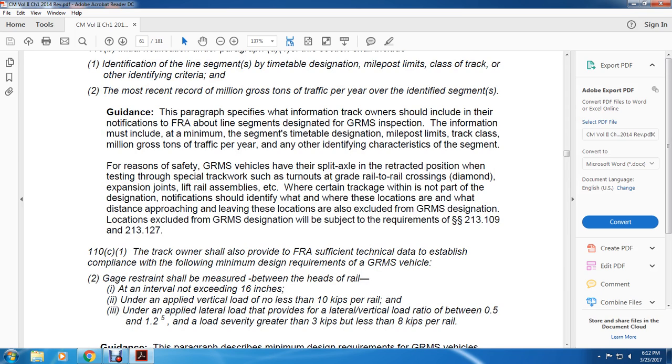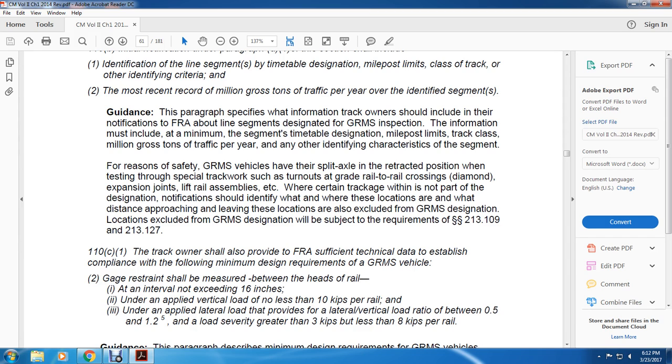This paragraph specifies the information the track owner should include in the notification to the FRA of the line segment after the gauge restraint measurement system inspection. The information must include at a minimum the segment's timetable designation, milepost, track class, the million gross tons of traffic per year, and any other identifying characteristic of the segment. For reasons of safety, the gauge restraint measurement system vehicles have split axles in a retracted position when testing special trackwork such as grade crossings, rail crossings, diamonds, expansion joints, and rail lifting assemblies.